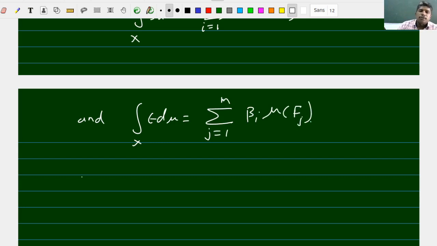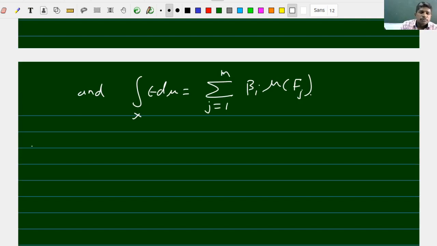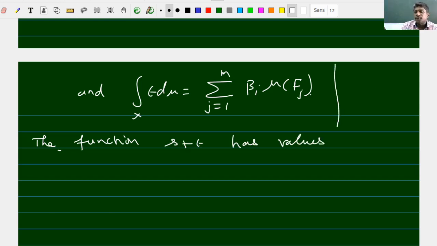Now the function s plus t has values. By the definition of the sum of two functions, s plus t of x equals s of x plus t of x.